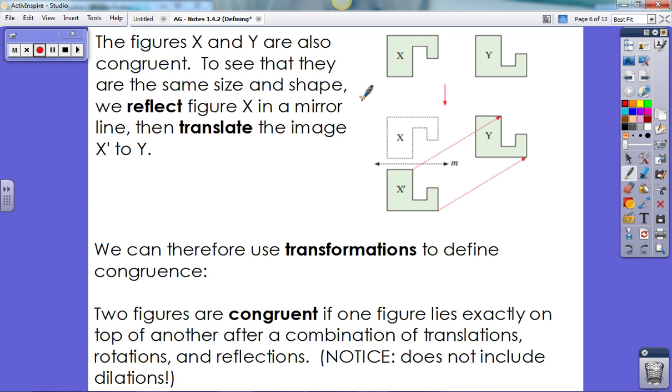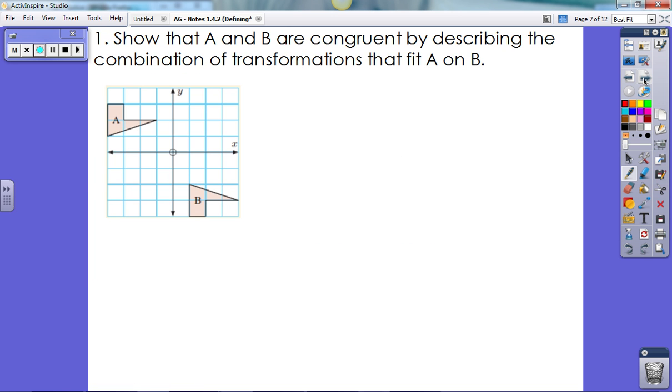So we can use a combination of transformations to do that. Remember that two figures are going to be congruent if one figure lies exactly on top of another after a combination of translations, rotations, and reflections. But this does not include dilations. So only translations, rotations, and reflections. We're going to use that idea right here.